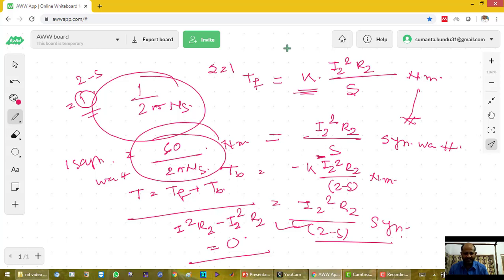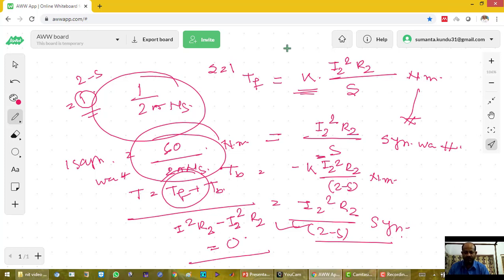So as this is 0, which we have proved from double revolving theory, the single phase induction motor is not a self-starting motor. But if we give an initial thrust in any direction, suppose we have given an initial thrust to the rotor in the clockwise direction, then among these two torques, one torque will become predominant over the other and some positive torque we will get in the clockwise direction, which will make the rotor start to rotate.